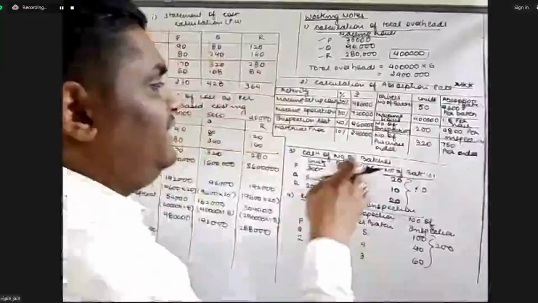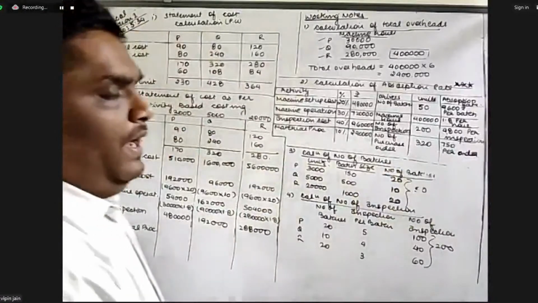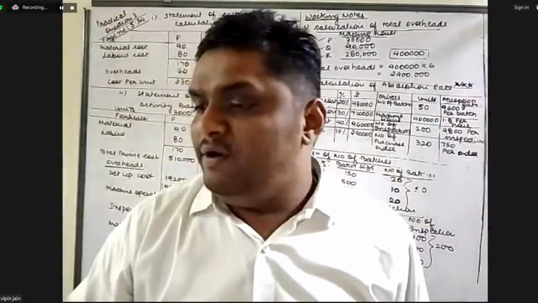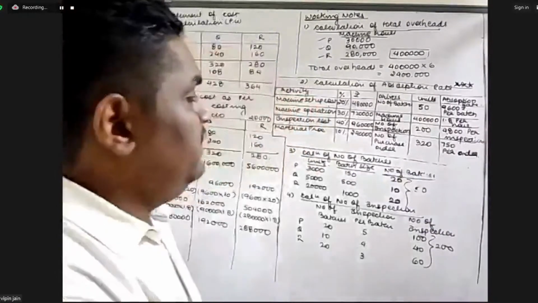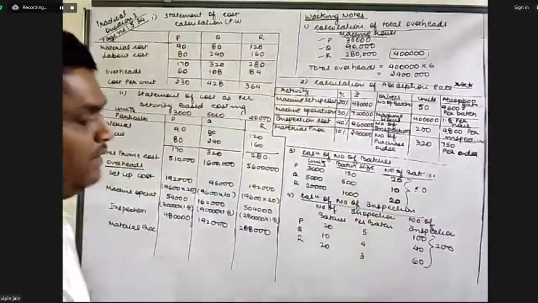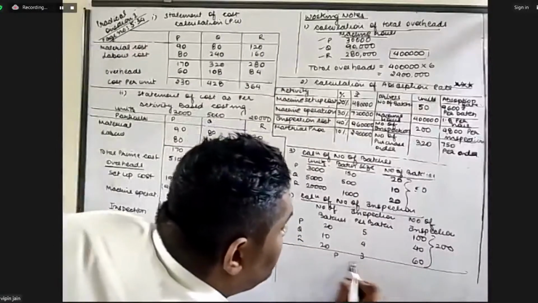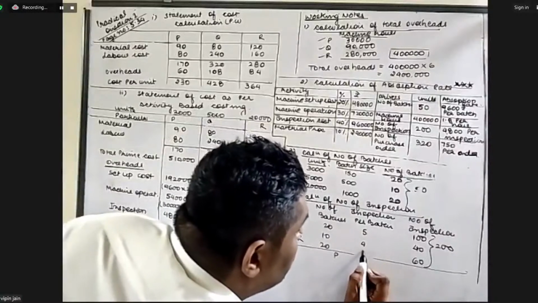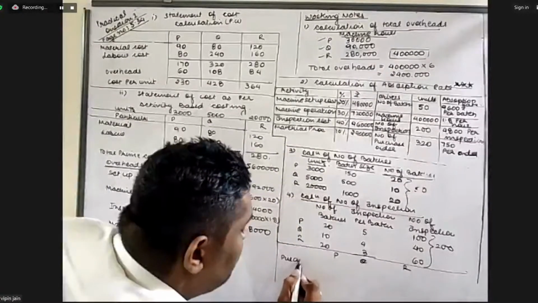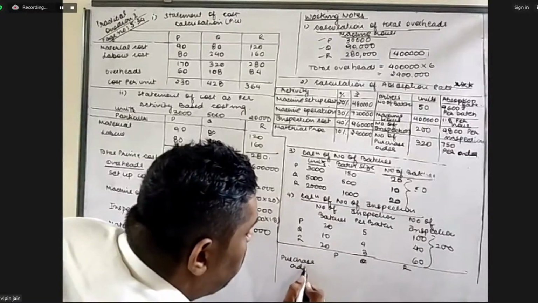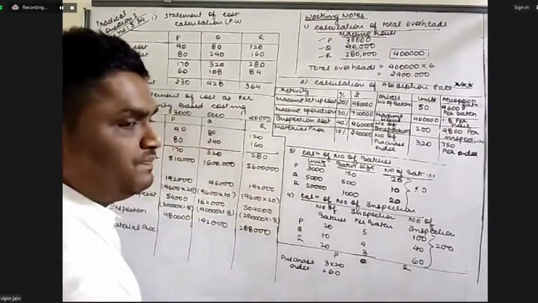So when talking about the material, it is number of purchase orders. So total 750 per order. And we have already calculated the number of purchase orders. So it is 3 into 20. For PQR, purchase orders are 3 into 20, that is 60.